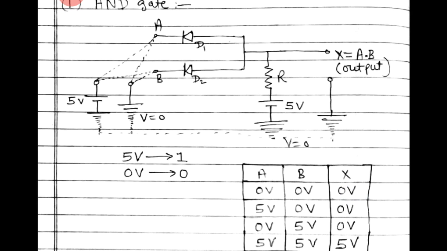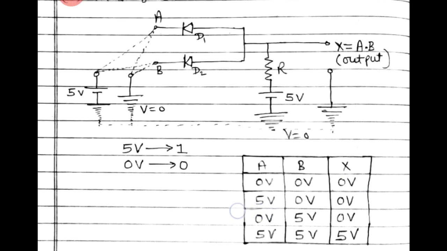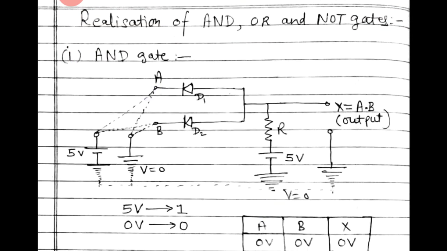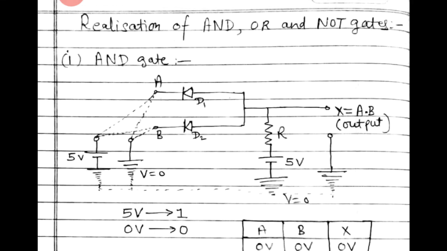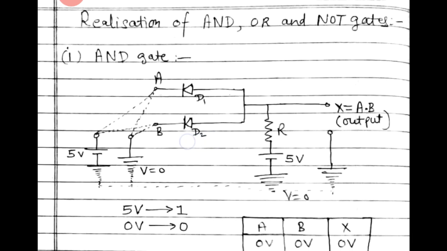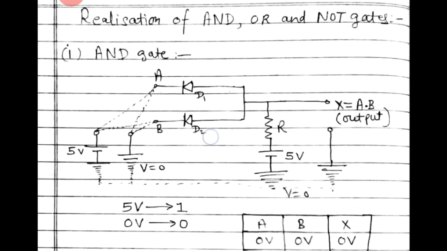Now we will give 5 volt at point A and 0 volt at point B. Here we will see that D1 is reverse bias and D2 is forward bias, because there will be flow of current in D2.